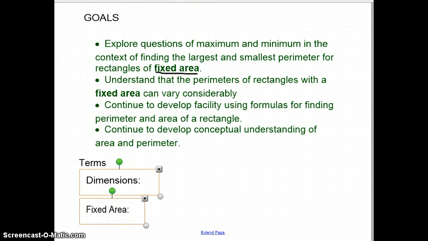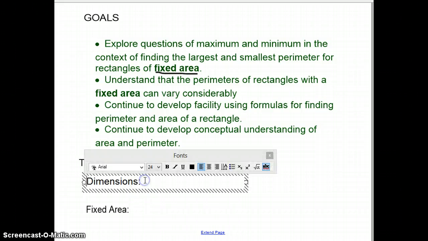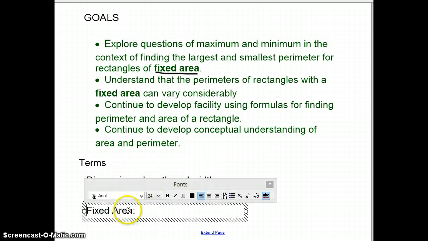These are things that we're going to be covering, things to make sure we understand terms. When we refer to dimensions, we refer to things like length and width. These are things we need to understand. If the term ever was used, that's what it means. And then, of course, the fixed area means that the area doesn't change.